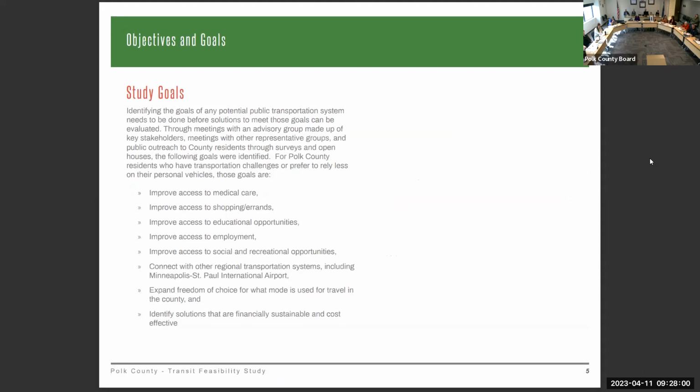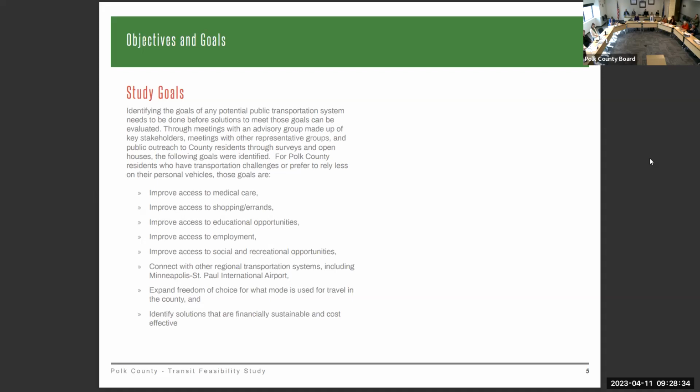We put together an advisory group, and the members of that are listed on a later page, and then put together some goals with that. So improve access to medical care being at the top. Shopping and errands, because that can go a long way towards food security, educational opportunities, employment, of course, social and recreational opportunities, because people that are engaged with their community have much better long-term health, and just makes for a stronger community.